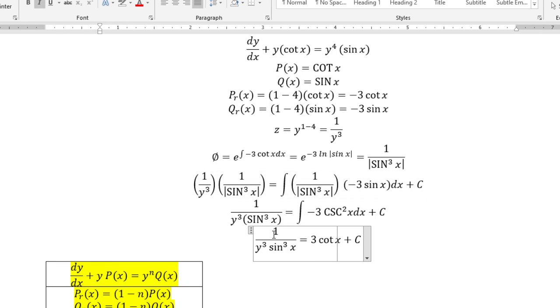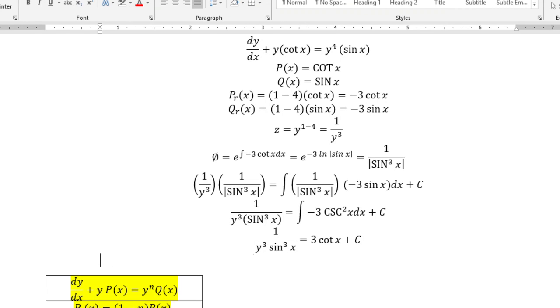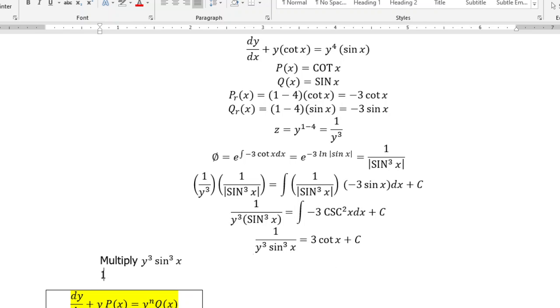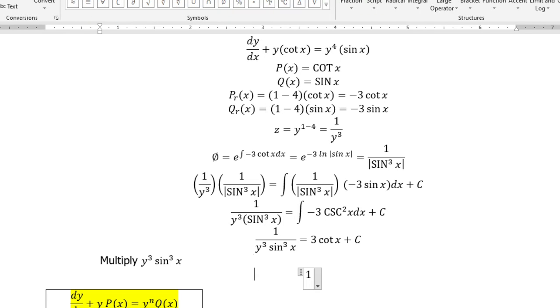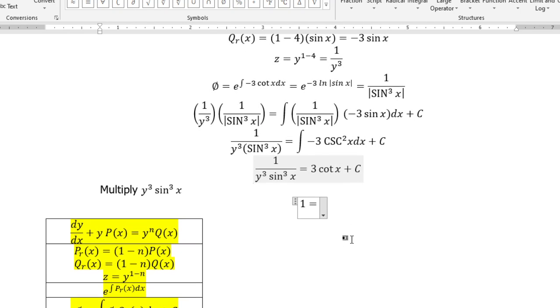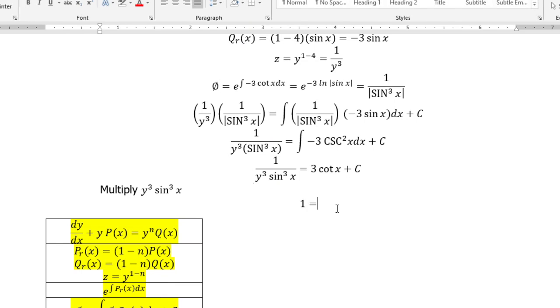Okay. So, dun, kailangan natin multiply to y cube sine cube x para maging 1 equal to, so the quantity, assume lang natin na isa lang to, y cube sine cube x.